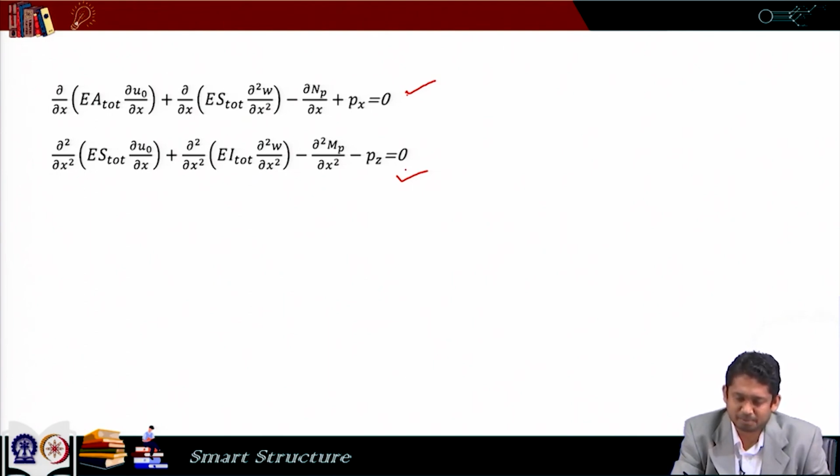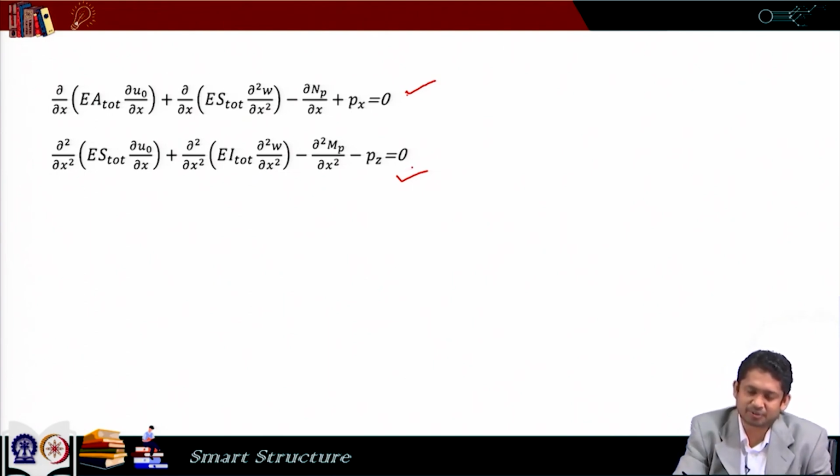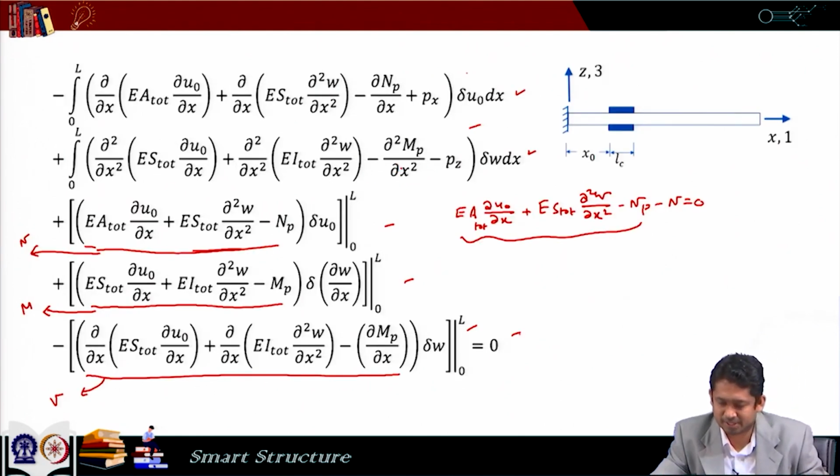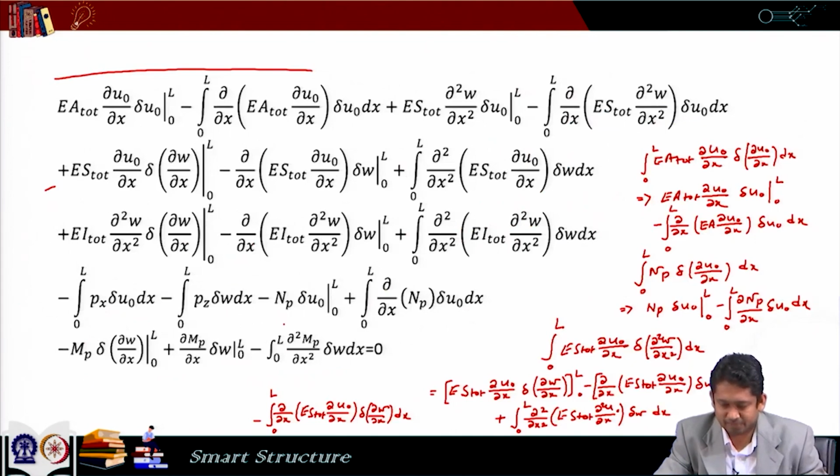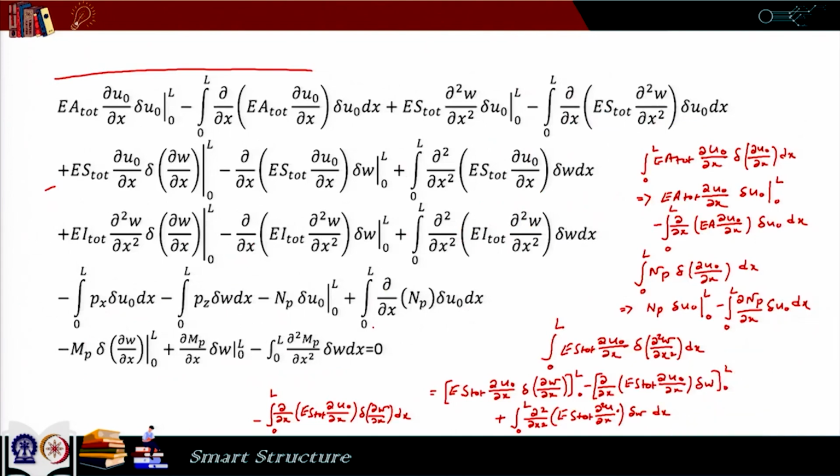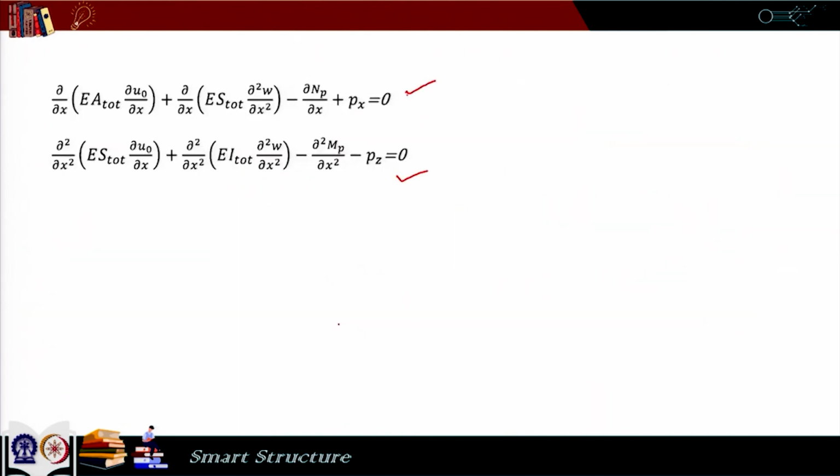If I compare this form with our previous form, the difference is that while getting the previous form we did integration by parts in these terms where NP and MP were present, where Px and Pz were present, whereas here we did integration by parts in the other terms, and there it was written in terms of variation of epsilon 0 and kappa.